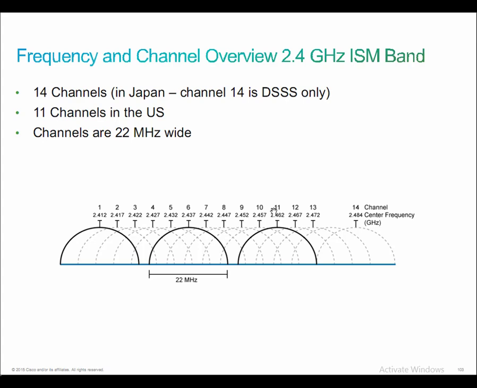Let's see here, 2.462 plus 11. Oh, yeah, we can't really do it that way. It's gigahertz. Never mind, but you get the idea. 22 megahertz wide. Center frequency obviously is the center frequency of that channel.